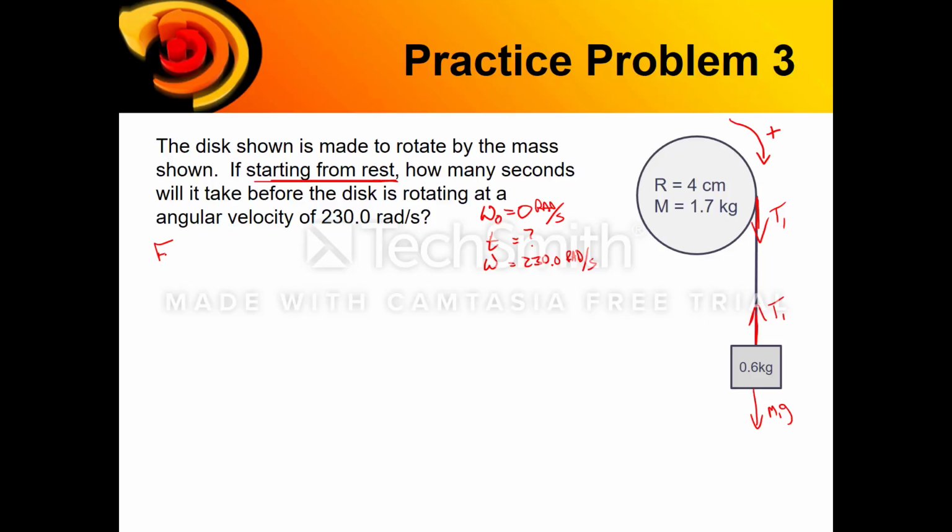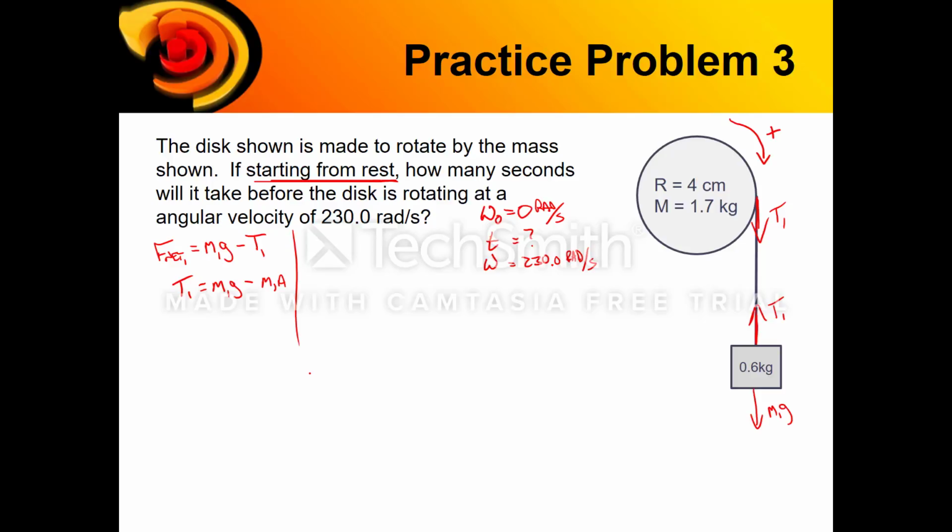I've got a net force acting on mass 1 based on my positive direction. That's m1g minus T1. And I would solve that as we have in the past for T1. That's going to give me T1 equals m1g minus m1a.